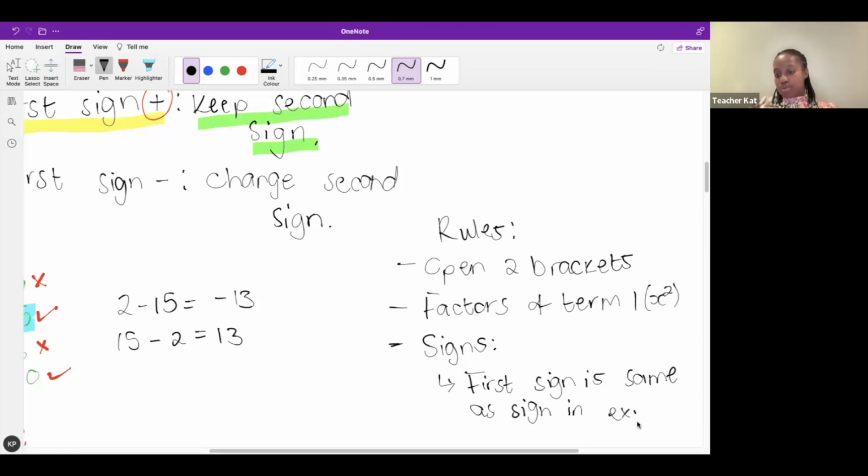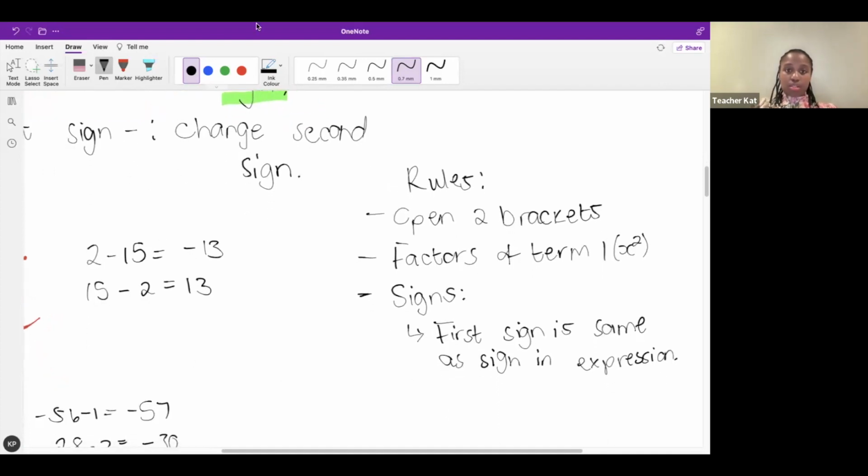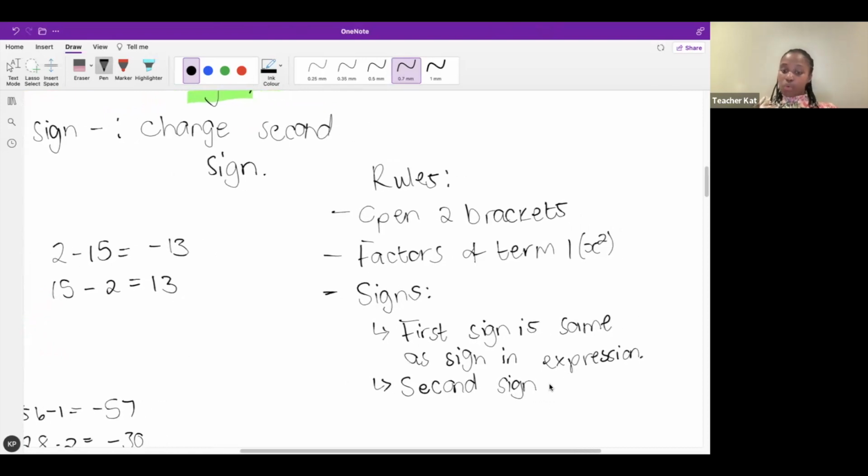Does that make sense to everyone? The first sign, you just keep it always, right? Does that make sense to you guys? Hopefully. Okay, now the second sign will either stay if you have a positive or change if you have a negative.